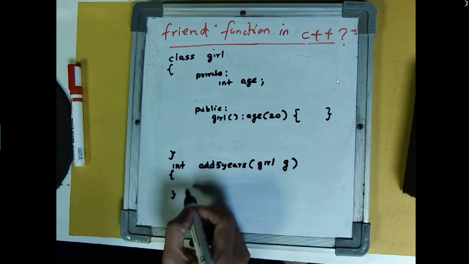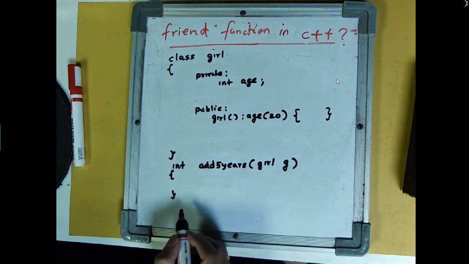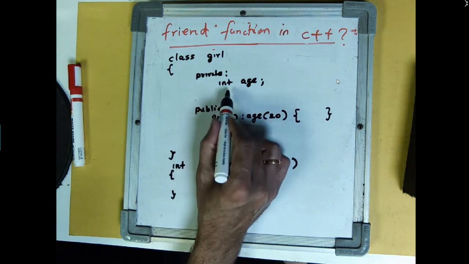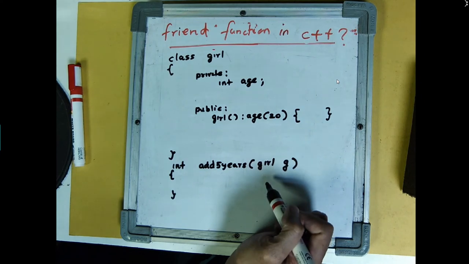Now there is a function which is sitting outside, which has nothing to do with this class, and I want to increment the age of this girl by 5 years. Now it is 20. How do I do that?